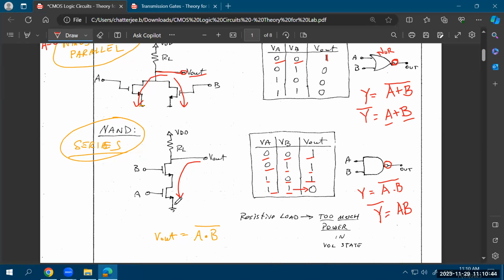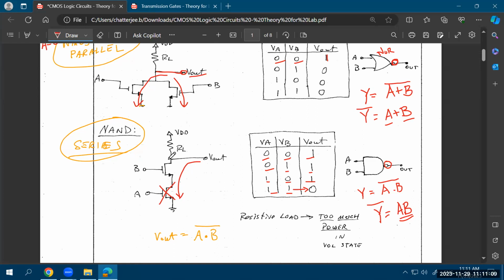If any of those switches are open circuited, the output cannot discharge. There cannot be a path from the output to the ground if any of these switches are open. So that's why you'll put those two switches, or those two MOSFETs, in series when your function Y bar is A times B, or A ANDed with B. And A and B will, of course, be provided at the gates.